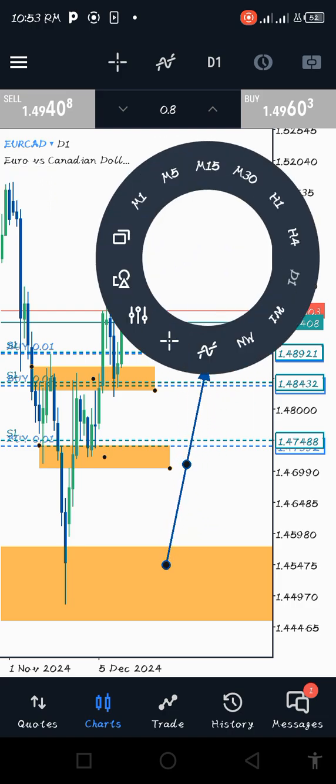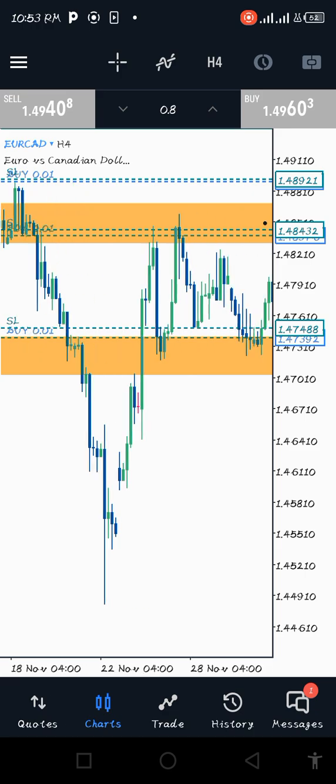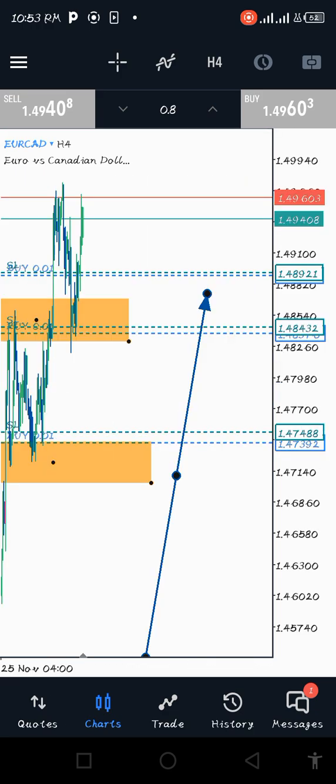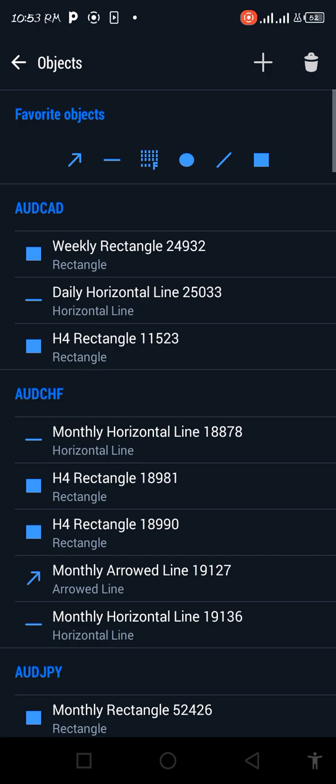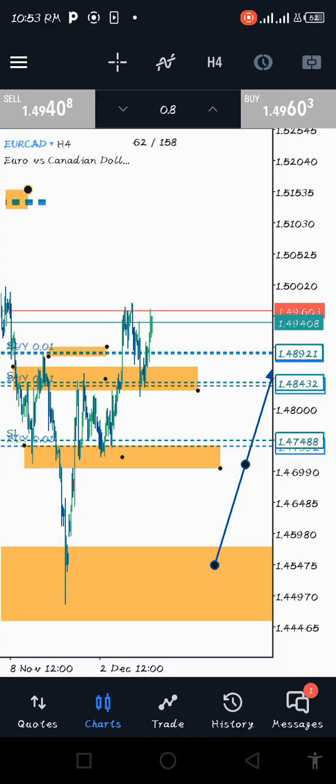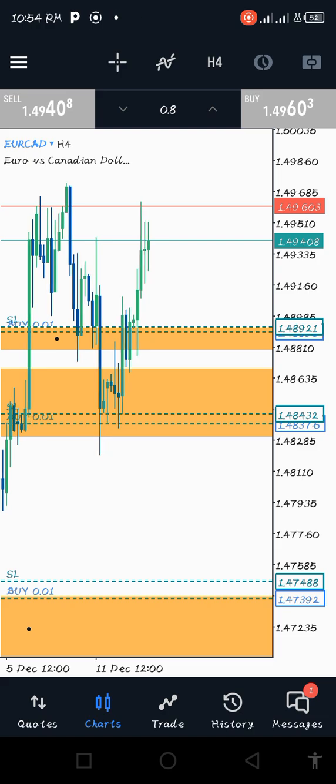I moved to the 4-hour time frame and saw this. This was a zone that I was expecting to take buying opportunities from before price got to the second zone. You can see how many times price reacted from it before.